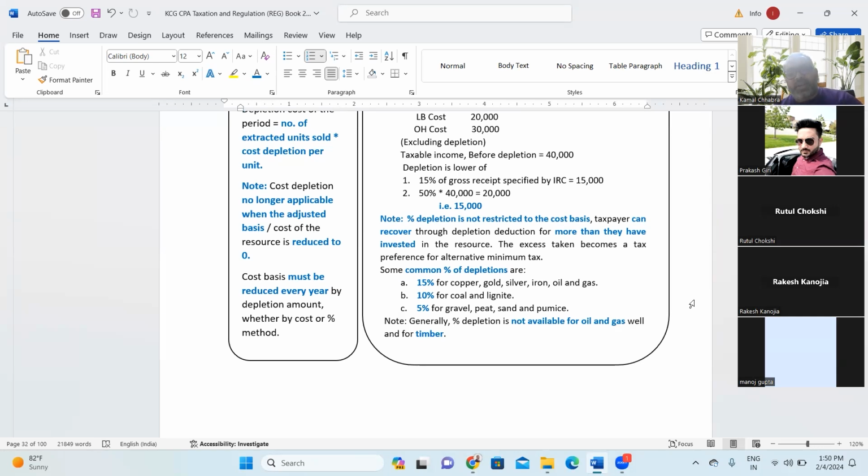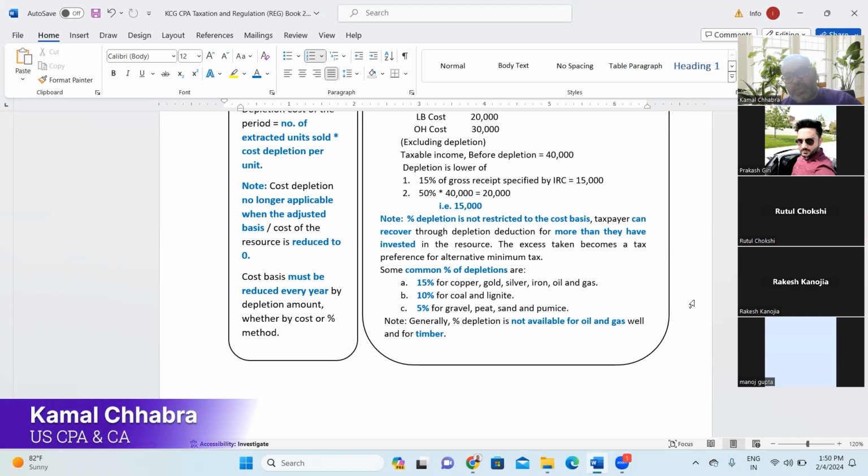Some common percentage depletion rates are 15% for copper, gold, silver, iron, or oil and gas, 10% on coal and lignite, and 5% on gravel, peat, sand, and humus, right? So these are certain percentages for the respective category of mine, which have been defined in the IRC.